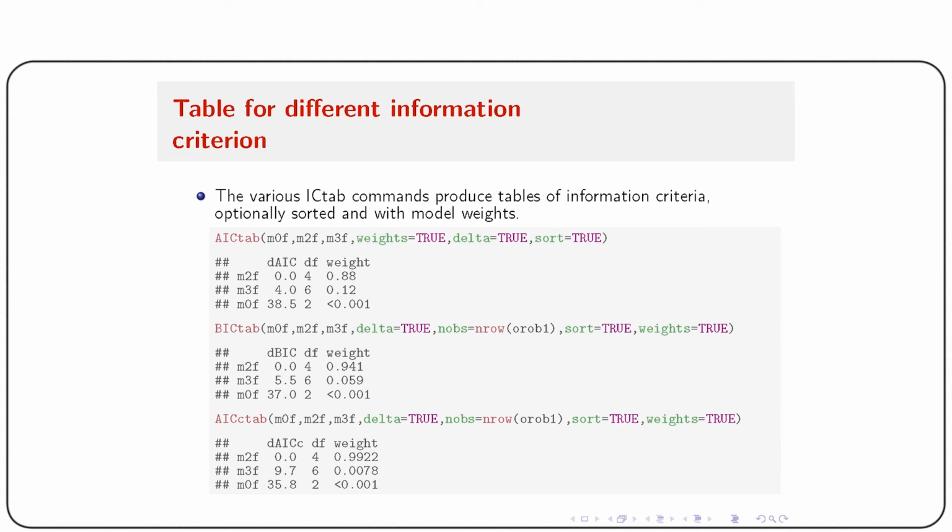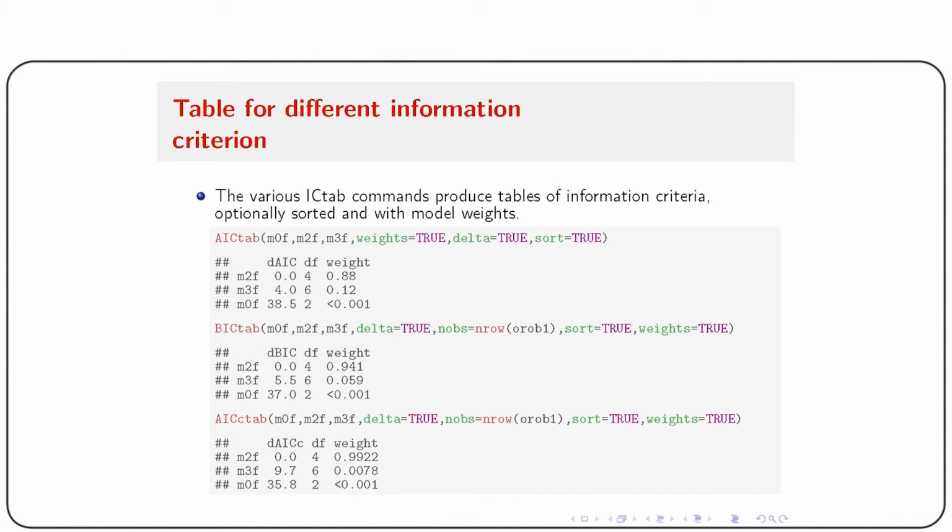And then the table for different information criteria. The various IC tab commands produce tables of information criteria, optionally sorted and with model weights. Say AICtab is m0f, m2f, m3f, and weights equals true, delta equals true, sort equals true. You will get the dAIC, degrees of freedom, and weight.